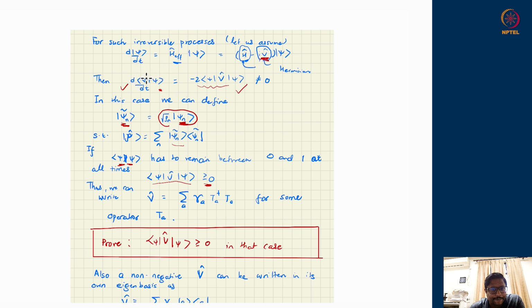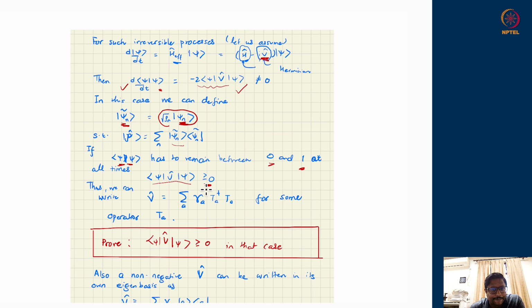Secondly, since this is a positive semi-definite quantity, the ψ inner product is the mod square of ψ in position space integrated over, so it cannot ever achieve a negative number. So both requirements, that it remains between 0 as lower bound and 1 as upper bound, would be realized if the expectation of V is positive semi-definite.